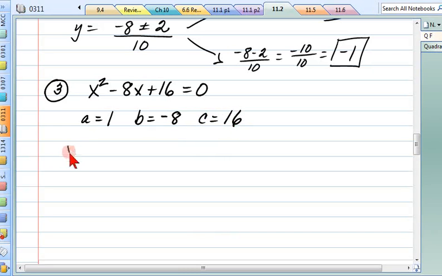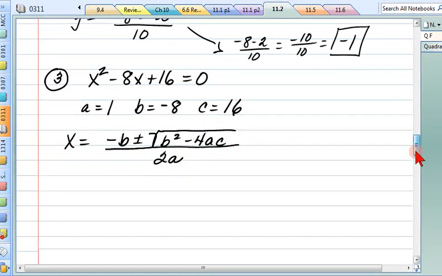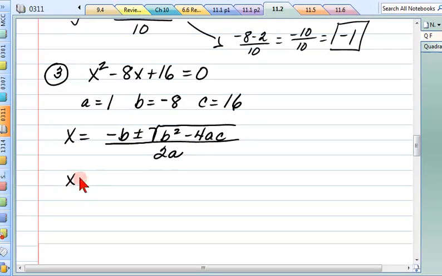All right, I'm solving for x, so x is equal to the formula, negative b plus or minus the square root of b squared minus 4ac all over 2a. X is equal to.